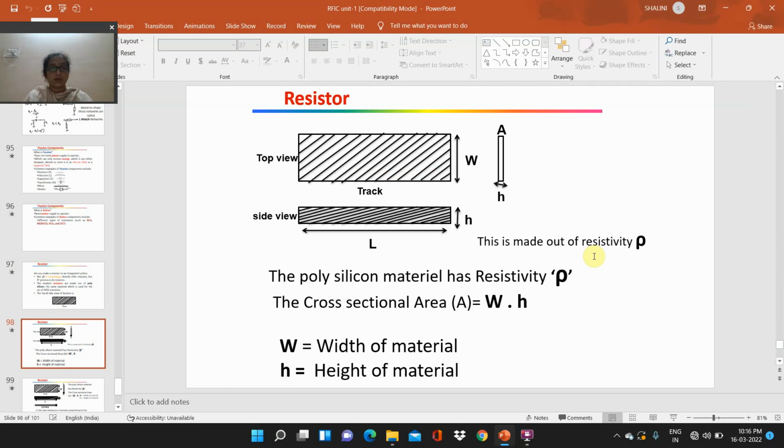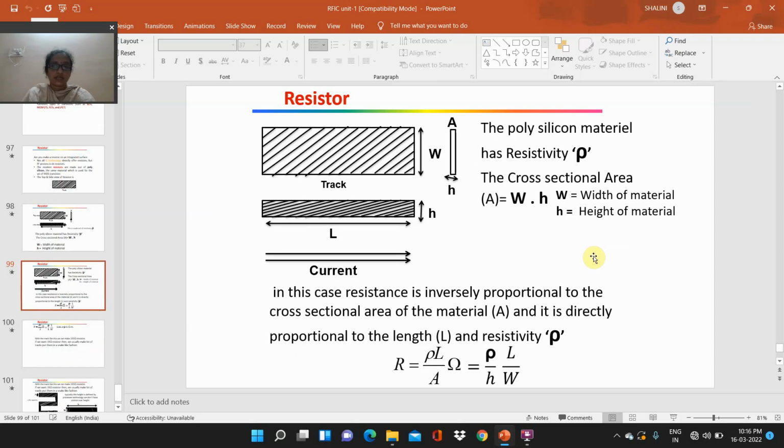The polysilicon material has resistivity rho. The cross-sectional area A is equal to W into H, where W is the width of the material and H is the height of the material.